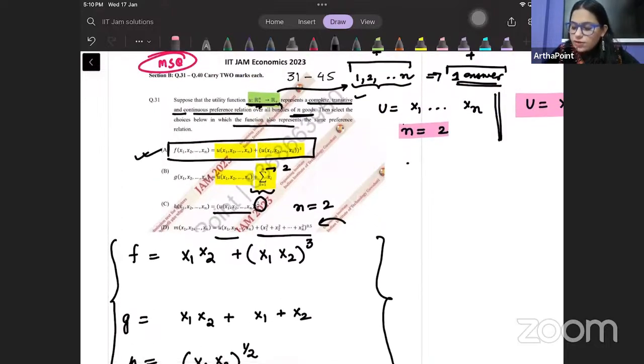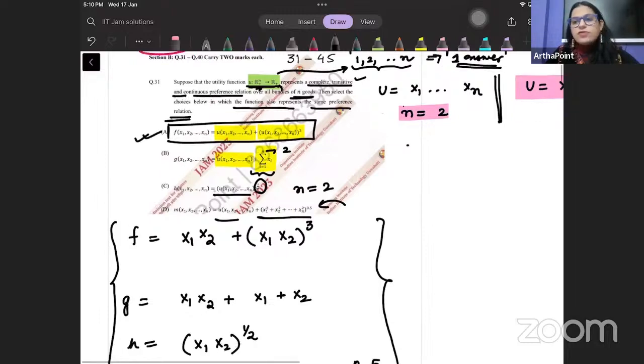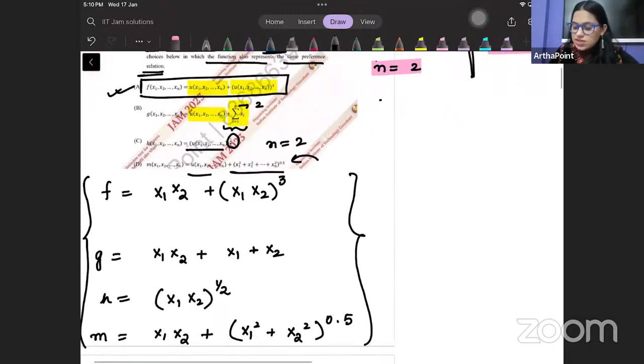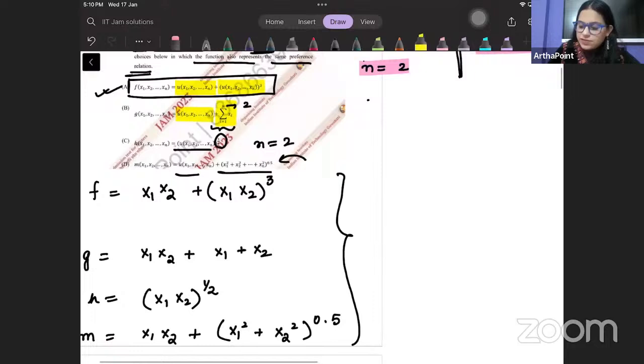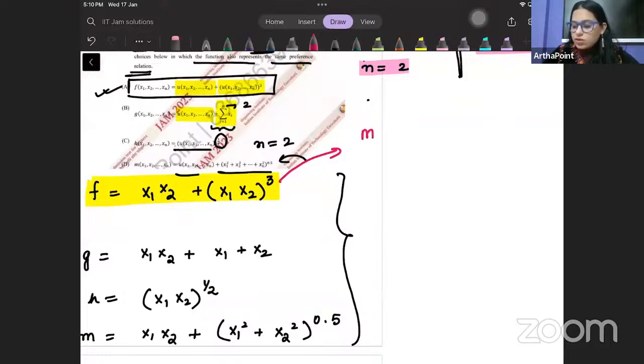So now the question is asking which of the following functions represent the same preference relation as the utility function that you have written. So for the first utility function, if I try to find out the MRS of this function, it is going to be mu1 by mu2.